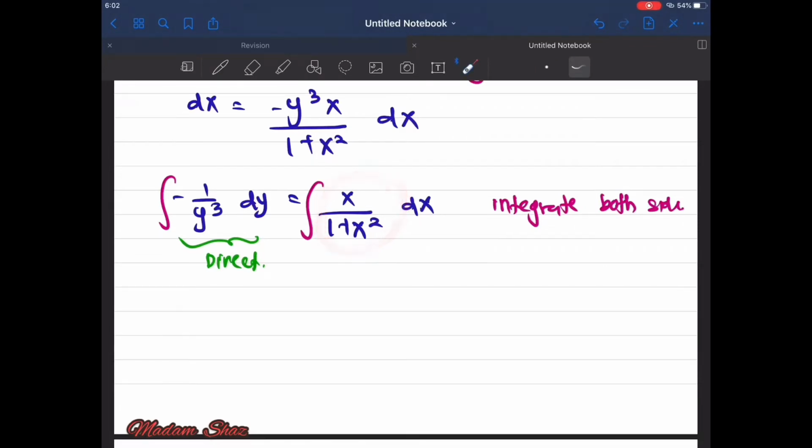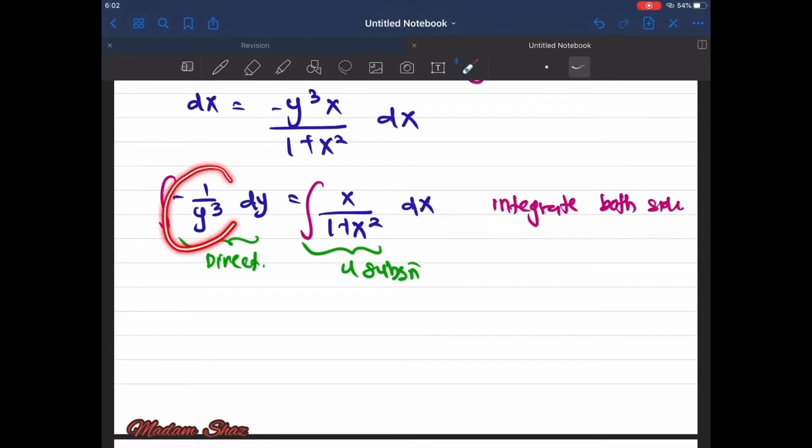On the right-hand side you have x divided by 1 plus x to the power of 2. Because you have one highest power here, you have to integrate by using u substitution.